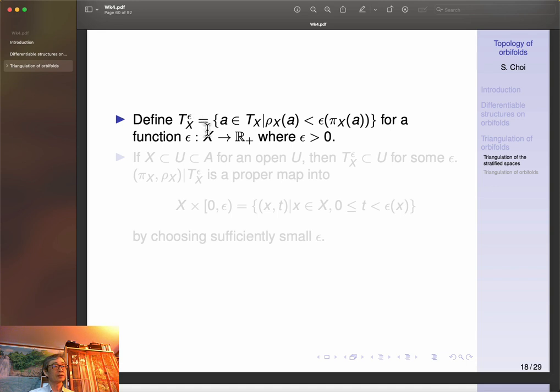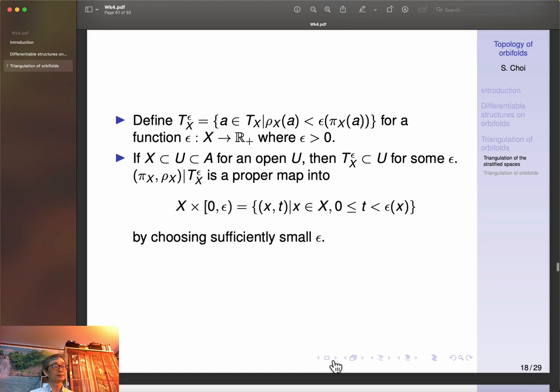Let's define T_epsilon(X) to be the set of a in T_X where rho_X of a is less than epsilon of pi_X(a), for a function epsilon going to R plus. If X is in U, inside A for an open U, then T_epsilon(X) is in U for some epsilon.